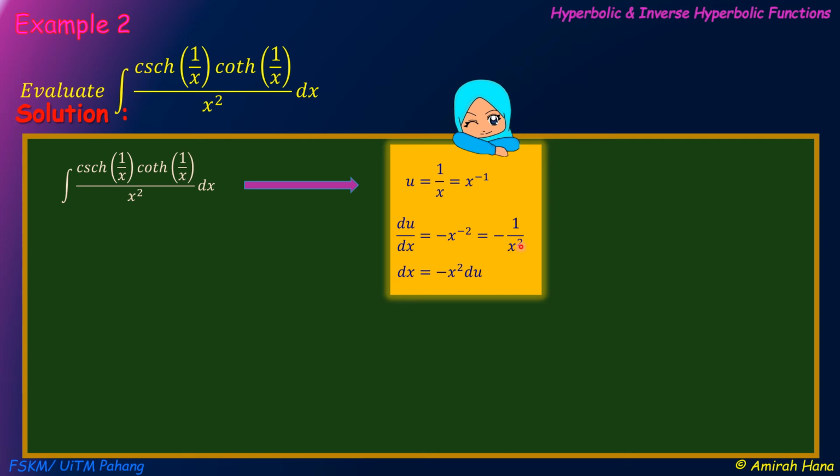We write in terms of positive exponent. Next, we write dx as the subject. We cross multiply: we multiply dx by -1, and then we multiply du by x squared. So we have negative dx equals x squared du, or positive dx equals negative x squared du here.